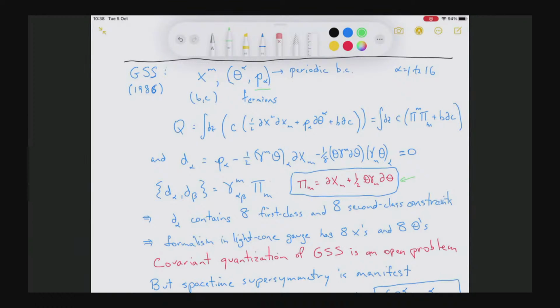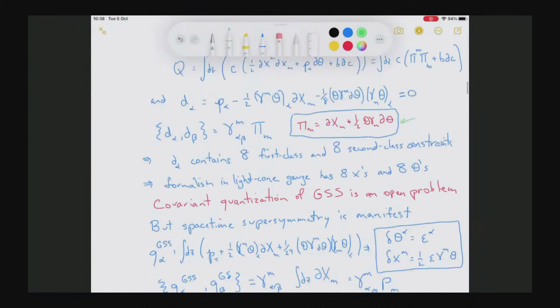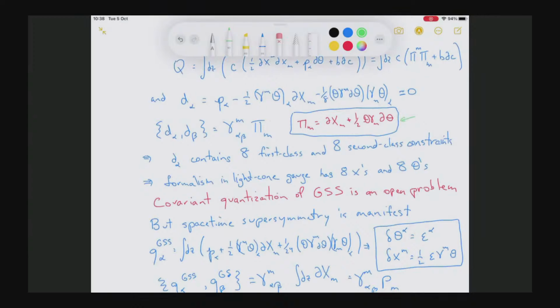The space-time supersymmetry is just that delta theta is shifted by a constant, and delta x is shifted by that amount, just like usual 10-dimensional space-time supersymmetry. The space-time supersymmetry generator can be written as this Q alpha, which, of course, commutes with all the space-time supersymmetric objects.